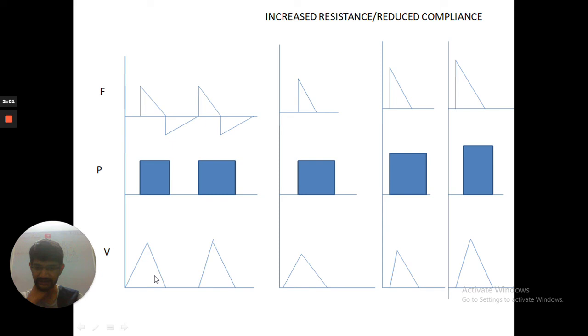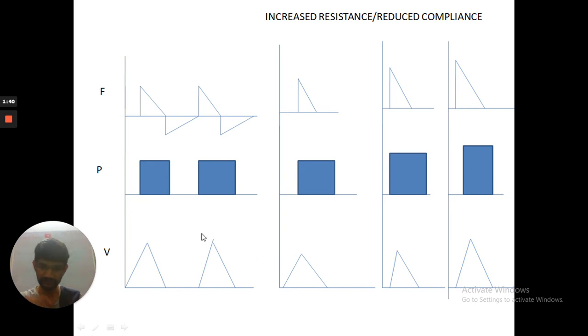On the left is the same pictorial representation. So how does it behave? Suppose you have increased resistance or reduced compliance, in cases of airway narrowing or mucus plugging. When there is increased resistance, in the next breath the flow remains the same, the pressure remains the same, but the tidal volume is reduced.